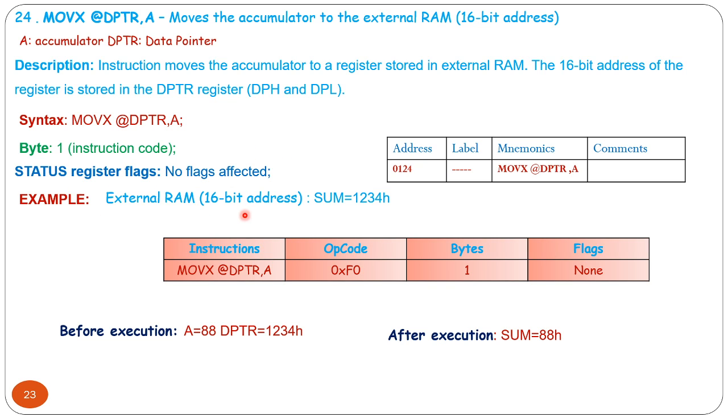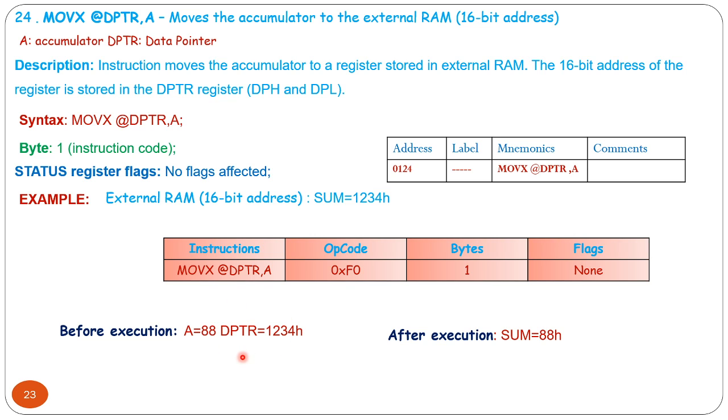The external RAM 16-bit address is suppose 1234H, so the DPTR is having 1234H. That gives us the address of random access memory. Before execution, let us suppose the accumulator has the content 88H, and the address of external memory is given by DPTR.